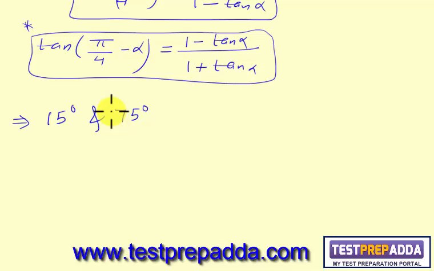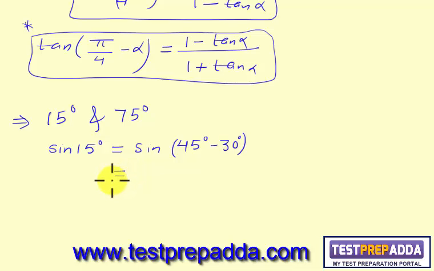First of all, I'll take sine 15 degree. Sine 15 degree is actually sine 45 degree minus 30 degree, so the sine A minus B formula can be used here.